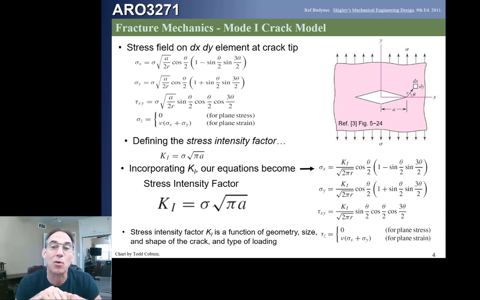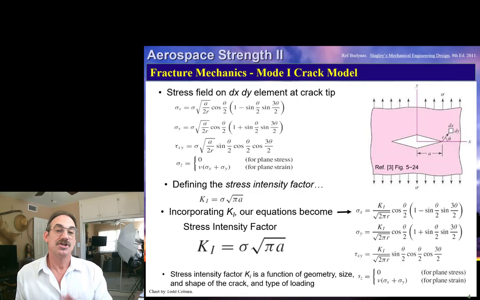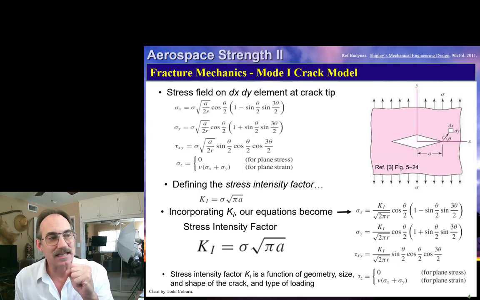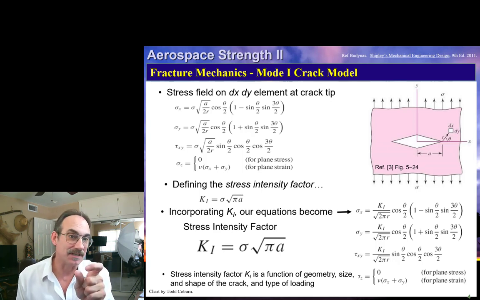We're going to find out more about that in a minute, but you need to be alert to that already, okay? So we see that the stress intensity, K sub 1, is the stress level and the square root of pi A, where A is the crack parameter. Often the crack length, but sometimes it's half the crack length.